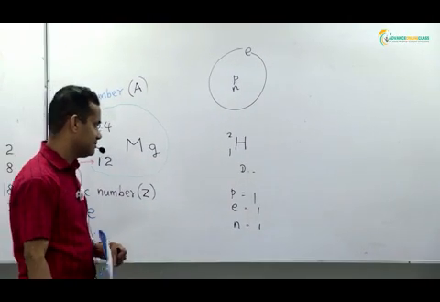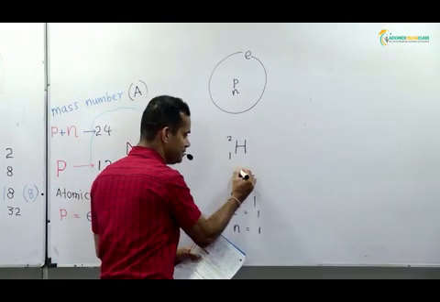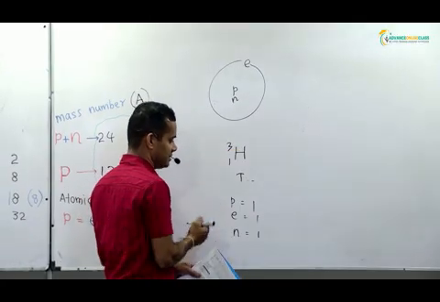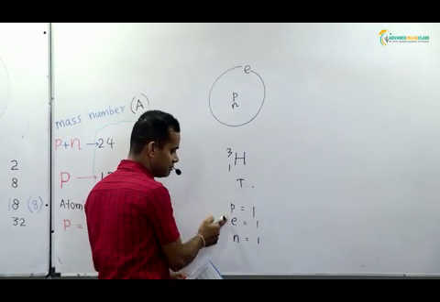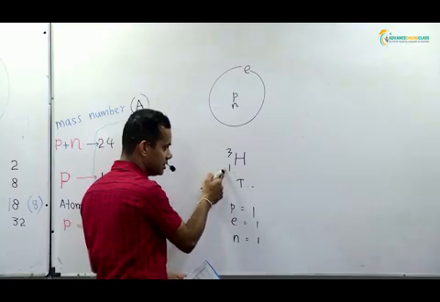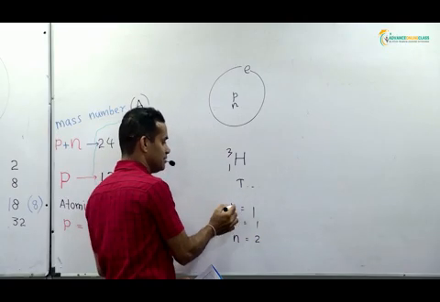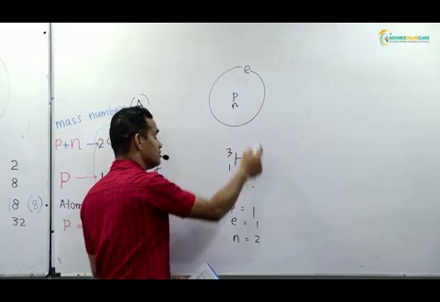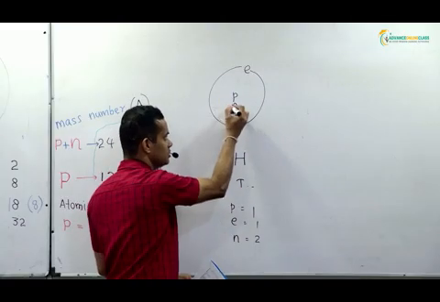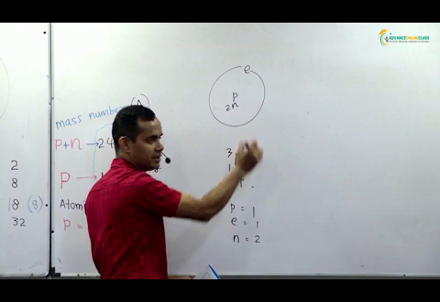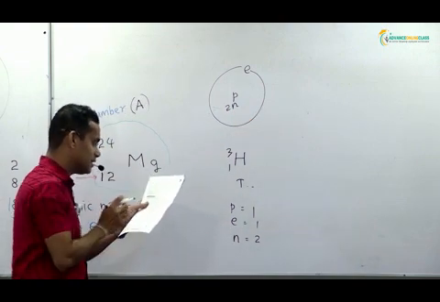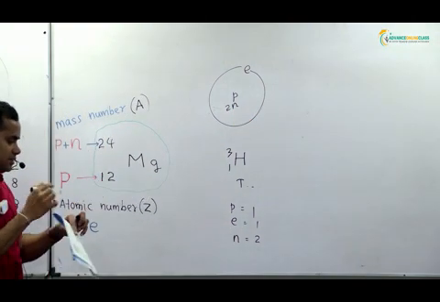Last one, tritium. Tritium is H13, protons 1, electrons 1, neutrons 2 minus 1, neutrons 2. Proton 1 here, electron 1 there, neutrons 2, we put 2n. This way we can draw atomic diagrams for isotopes.